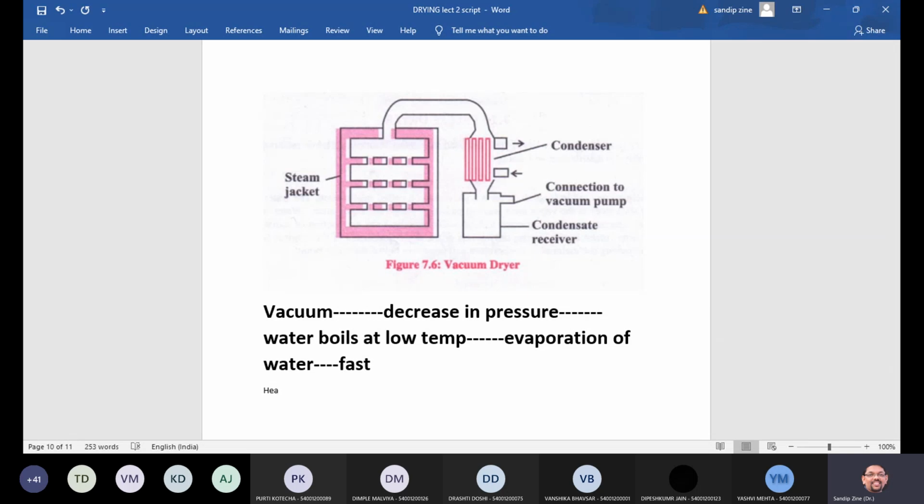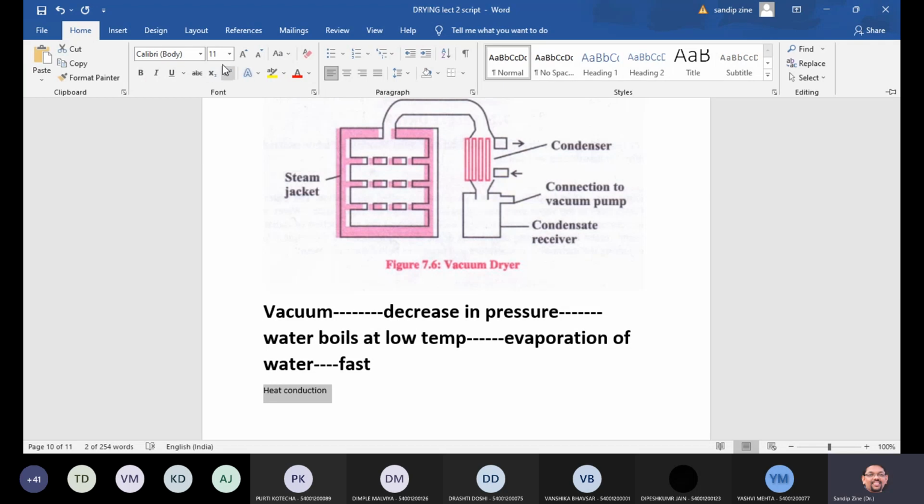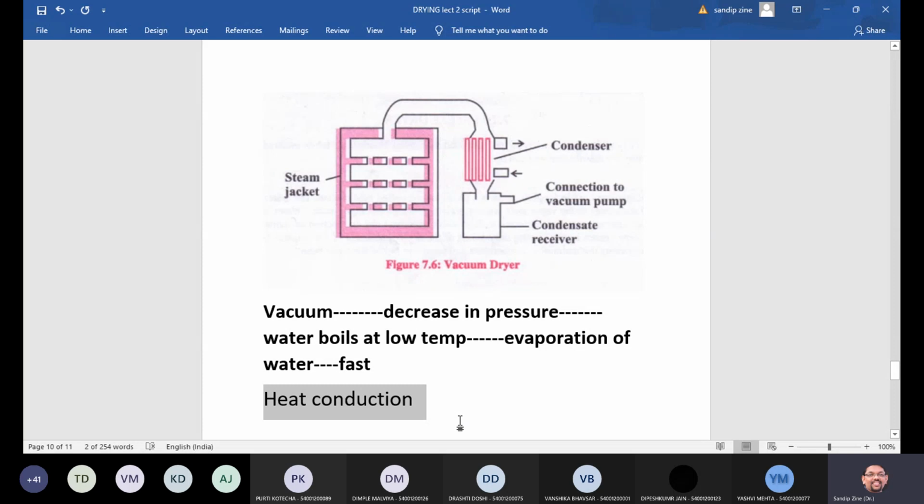So as we are talking about heat and mass transfer, here one more point we can add as heat conduction, isn't it? So sufficient space is there for heat conduction as you are observing in this overall layout of this diagram. And the chamber is so strong as to withstand the vacuum, and the oven can be closed by a door.